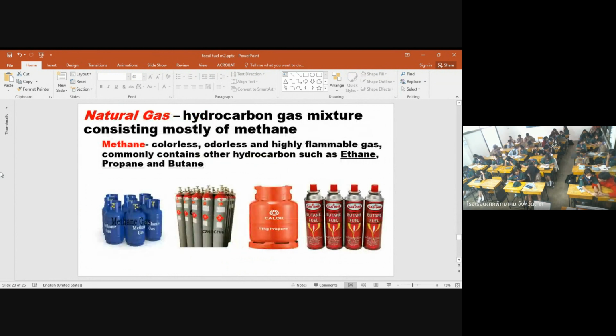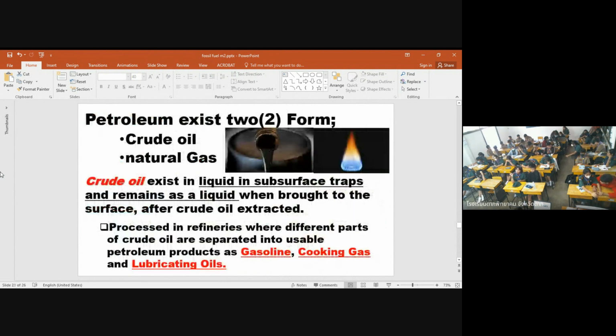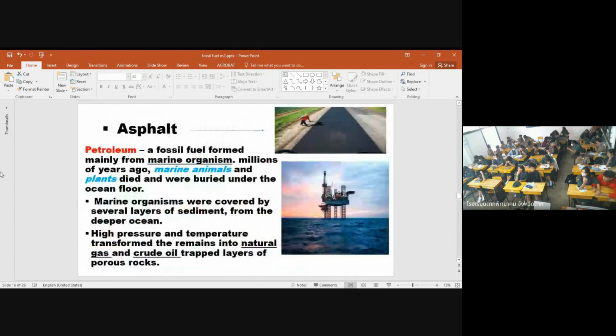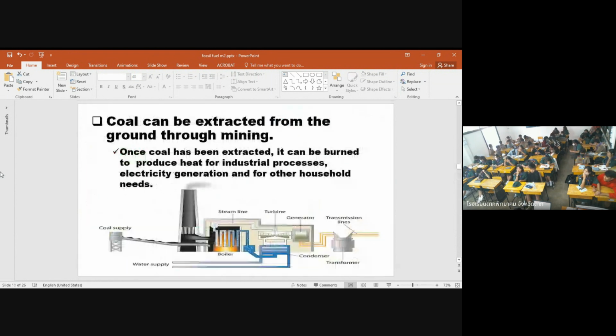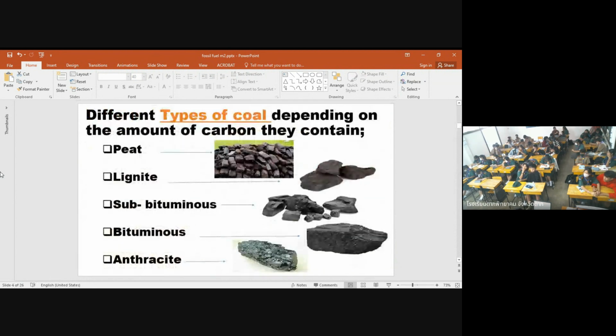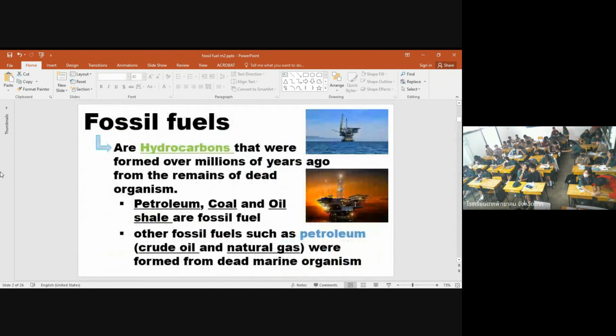Again, what are the three types of fossil fuel? If you remember, what are the three types of fossil fuel?